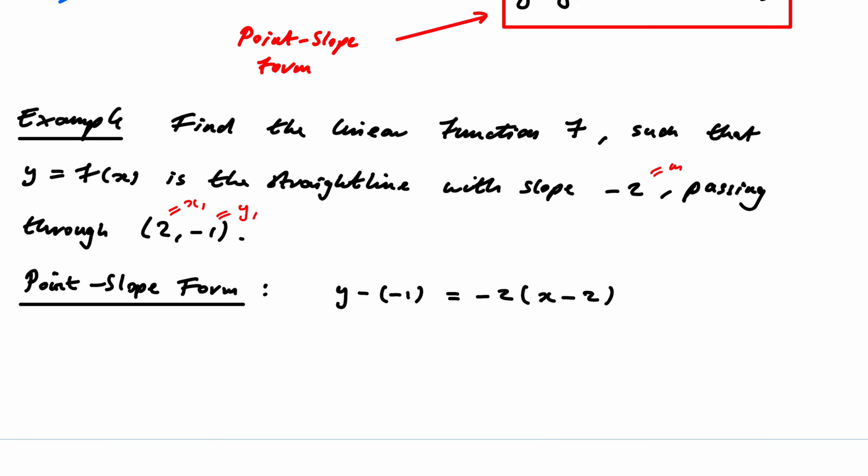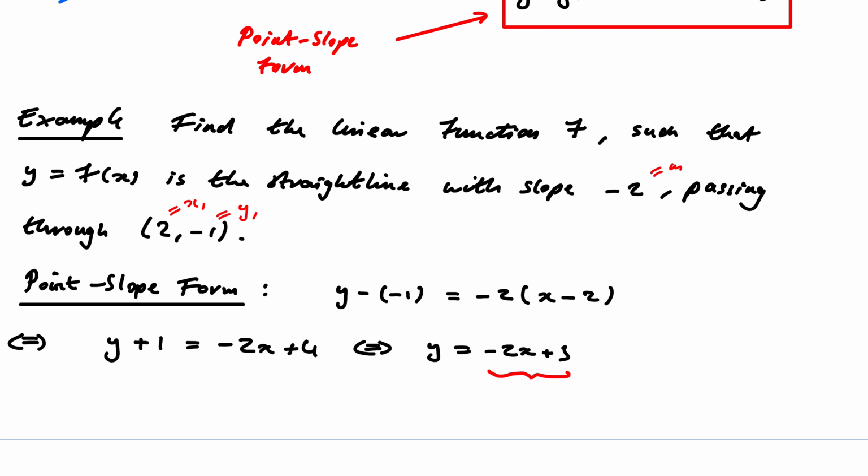So now this implies, if and only if, y plus 1 is equal to -2x, distributing -2 times -2 is +4. So this is if and only if y is equal to -2x plus 3. So this is your f of x.